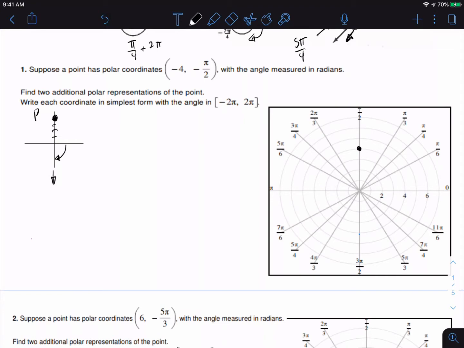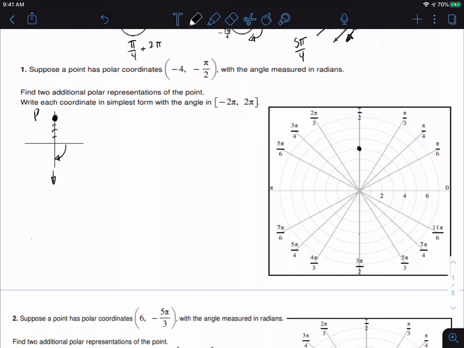Now from there, what they're asking us to do is write this in the simplest form. So I can make up any rotations that I want, right? And so how can I end up at that point?